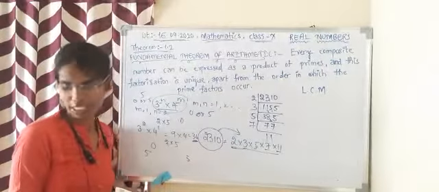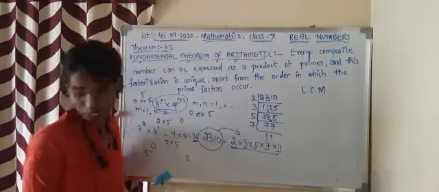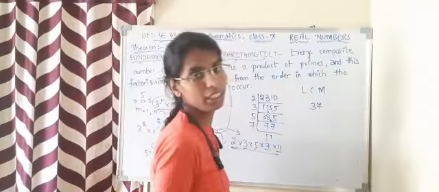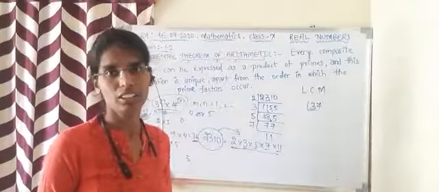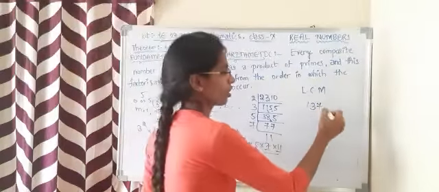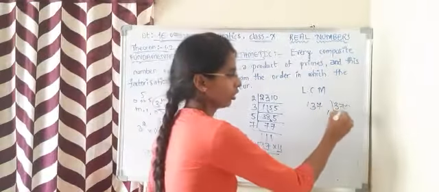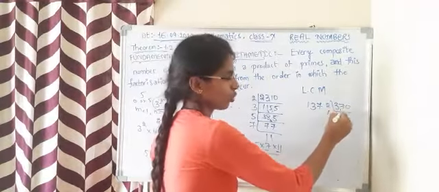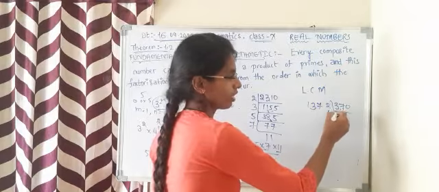Now we shall take another example, 370. How do we solve this? 37, can we solve 37? No, because 37 is a prime number. So we shall take another number, 370. 2 ones are 2, 1 remains, 2 eights are 16, 1 remains, 2 fives are 10.